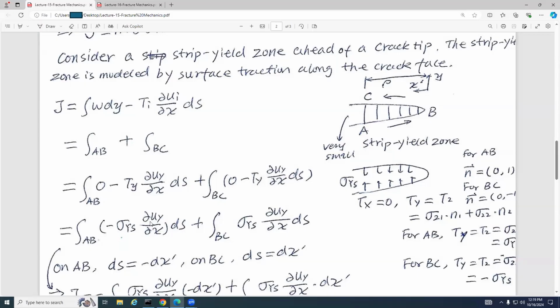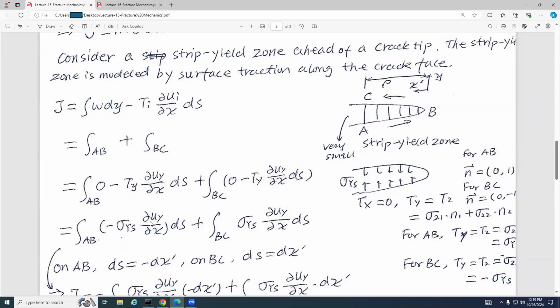So for T1 here, this is the n value. n equals (0, 1), right? n is the normal. The normal for this lower crack face goes up, so it equals (0, 1).